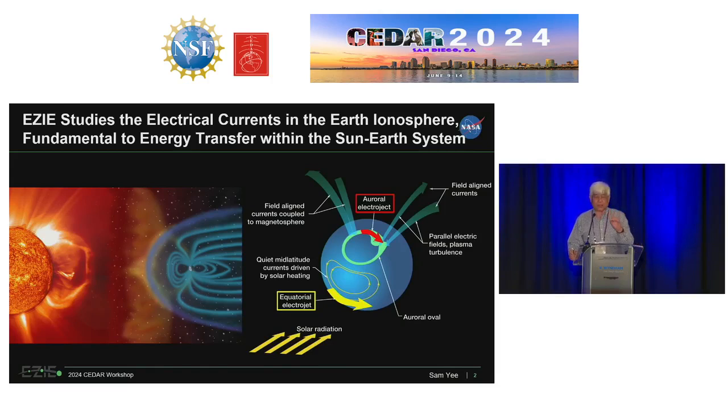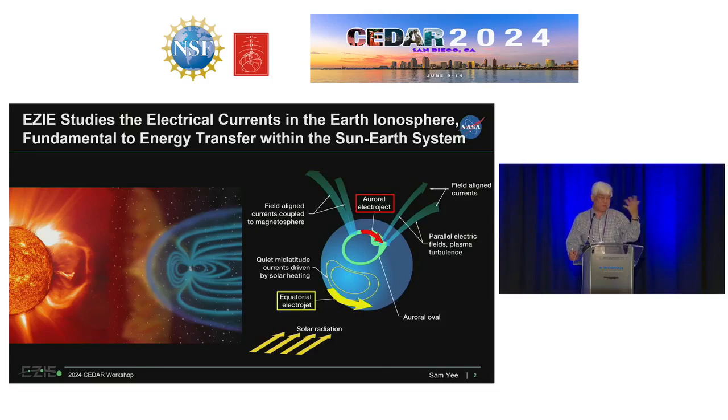So what we want to study is to understand a little bit more about the processes, how the coupling occurs. How we interpret the data and understand the coupling processes depends on the structure of the current system we're observing. All the large-scale current systems we have seen before were obtained from magnetometers on board spacecraft, which are quite a distance away from the current system.